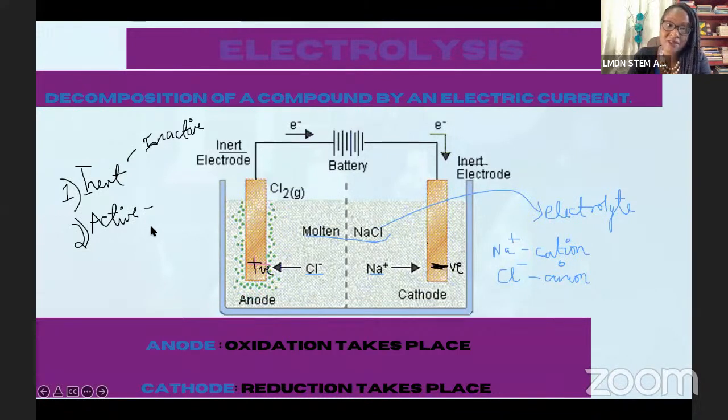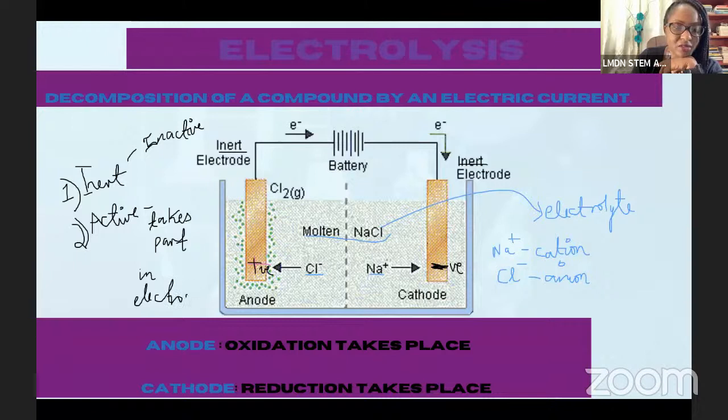And what that means for us is that if it's active, it means that the chemicals or the composition is going to affect the electrochemical reaction. And we'll get to that right after this when we talk about this idea of an electrochemical series. But if it's active, it could potentially take part in the electrochemical reaction, right?